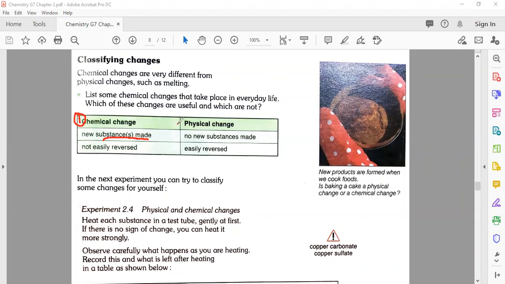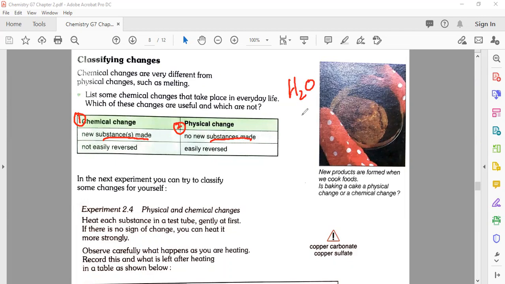Now in physical changes, number 2, no new substances are made. Understand? When you change anything, but the change is physical. So you can say that if you put water in the refrigerator, it will convert into ice, but there is no change in the formula of water, that is H2O.